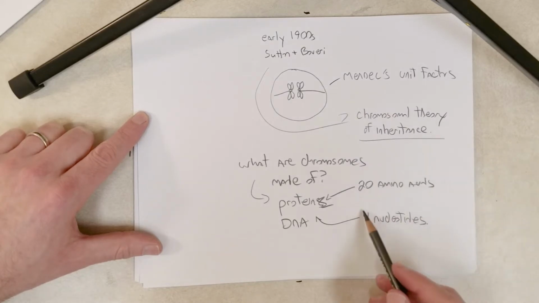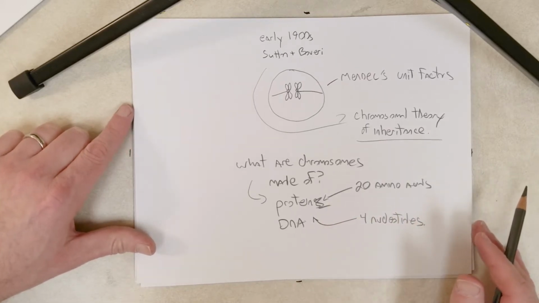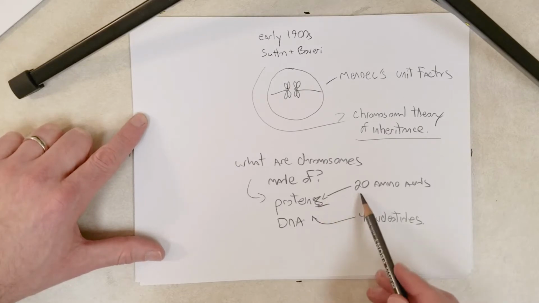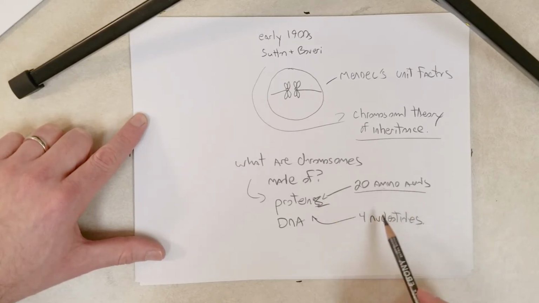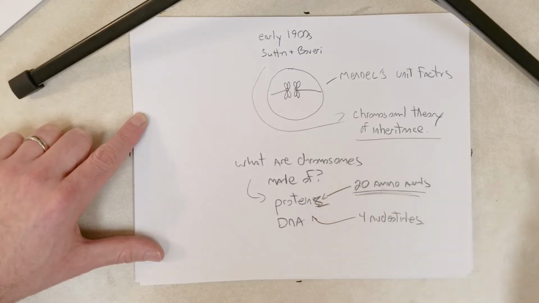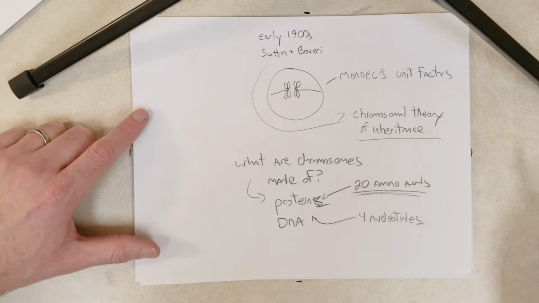So it was thought that whatever encodes genetic information is probably going to be complicated, and 20 amino acids is more complex than 4 nucleotides. So maybe the protein component of chromosomes is responsible for holding the genetic information.